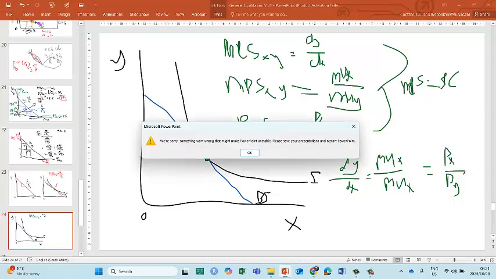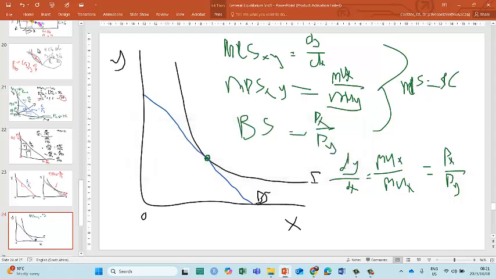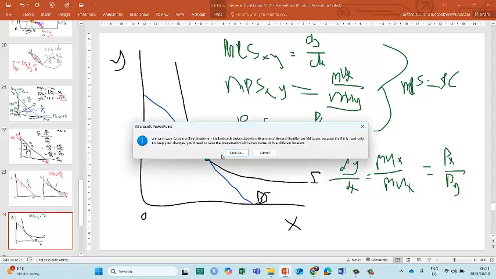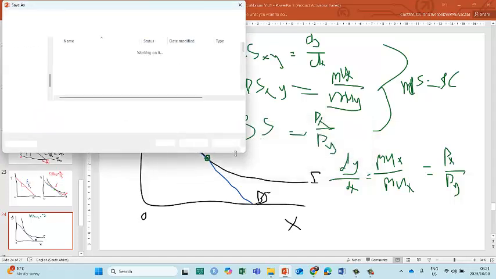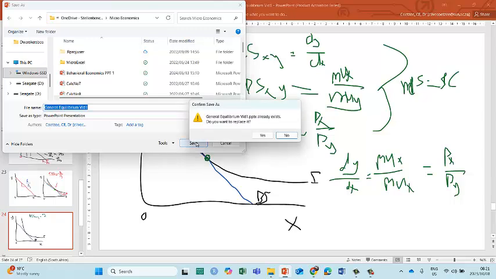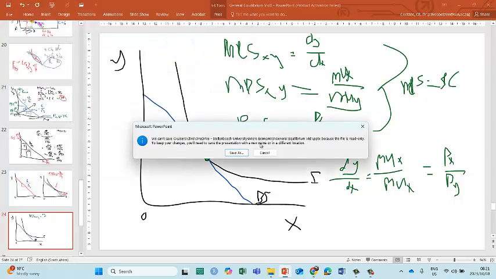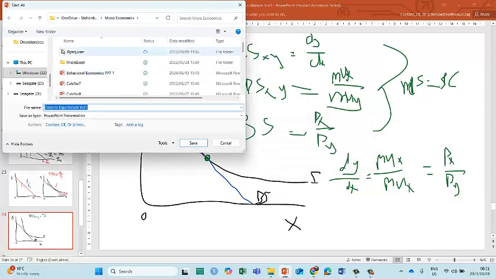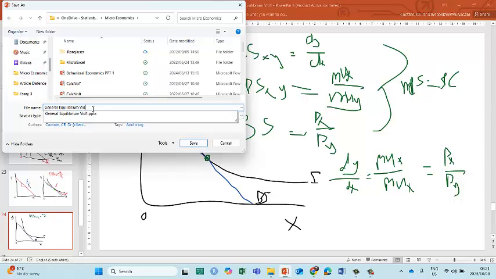Ooh, you see, this is the thing. Because read only, save as. I don't know why it does this. Let's save it as number 2.